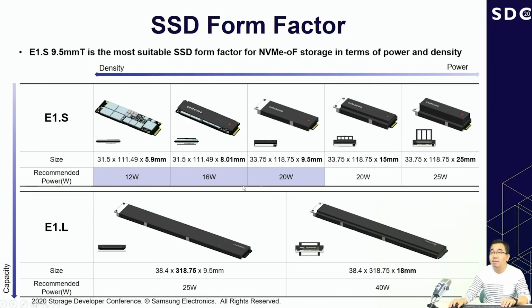So the Poseidon system supports 5.9, 8.01, and 9.5 millimeter SSDs. As you can see on the table, as the thickness gets thicker, the SSD can have more power, and as the SSD gets thinner, you can design the system with more density.